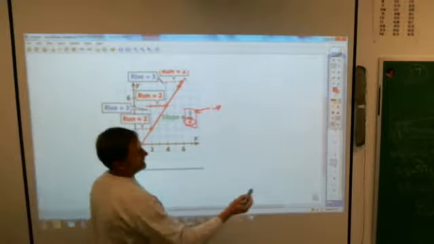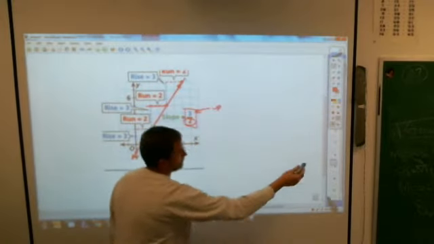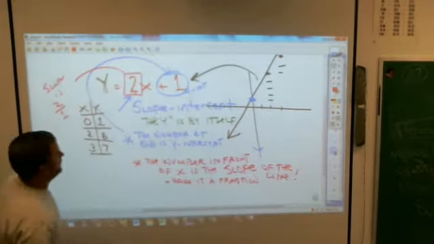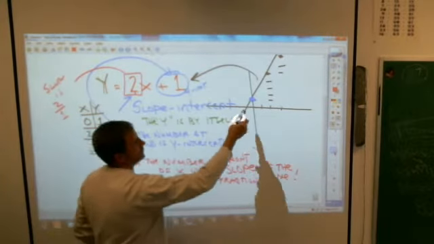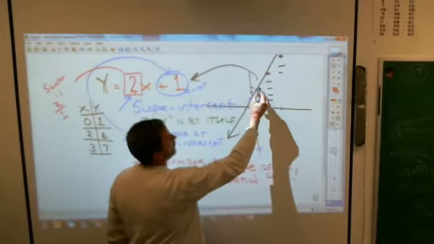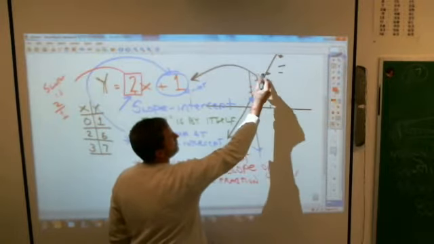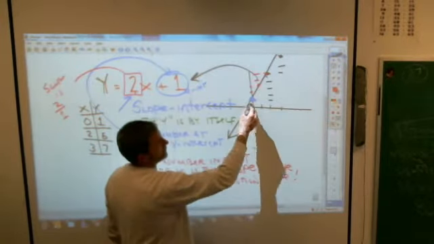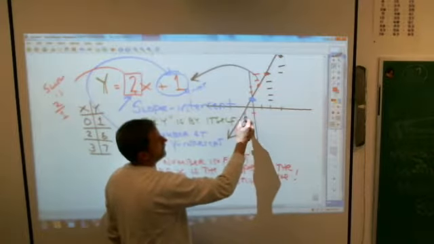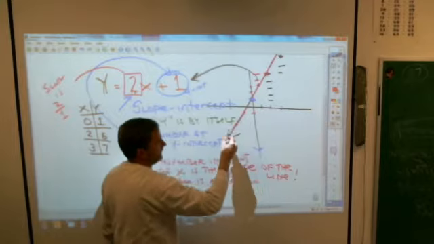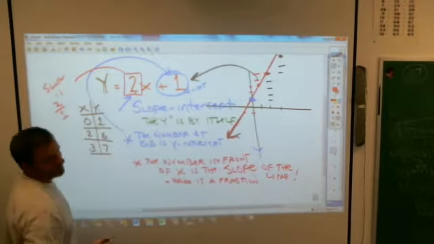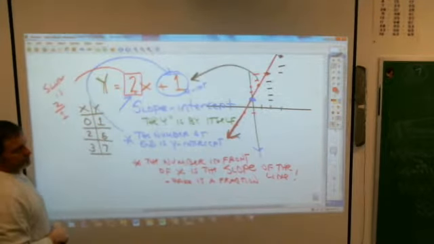Putting that into practice in the line that we just did, if my slope is 2, that means you go up 2 over 1, or you could go down 2 over 1. This line has a slope of positive 2.